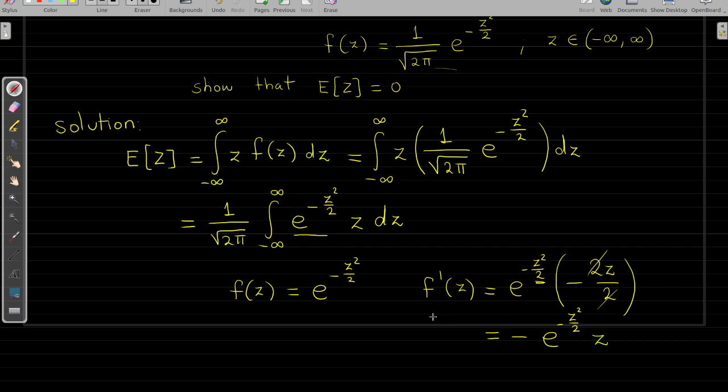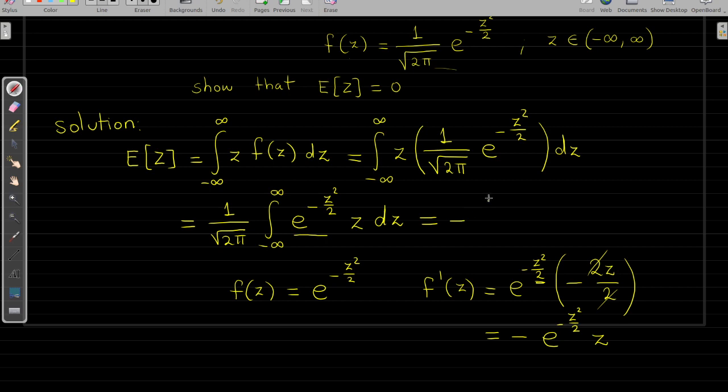Now, if you look closely at this expression we have here, it's basically the same as this one we have just found, except for the sign. All right? So what I'm going to do here is I'm going to multiply this expression by minus 1 and then by minus 1 again. If I do that, I'm not going to affect the original expression. So let's do it.